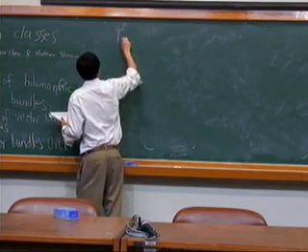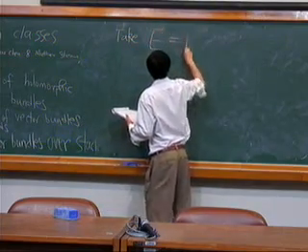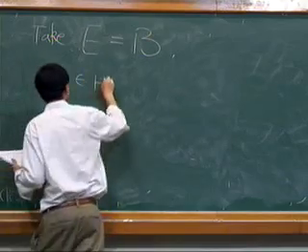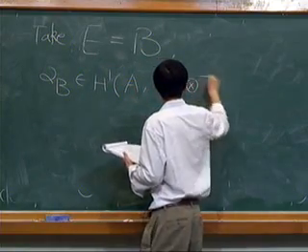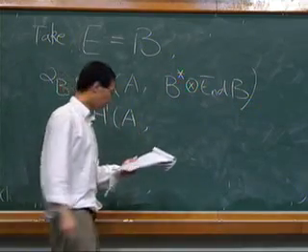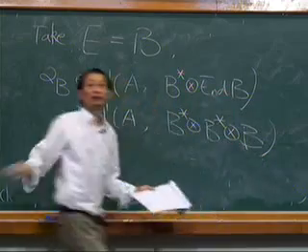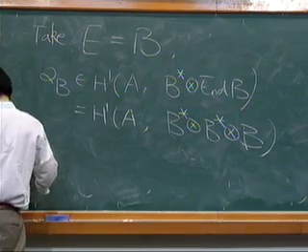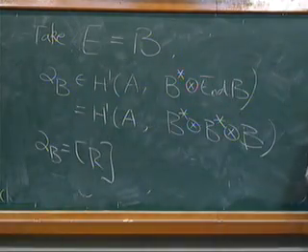So if I take E to be B, then alpha B, the module class, is the first Lie algebra cohomology of A with coefficients in B star tensor B. And this class is given by some kind of partial curvature, R.